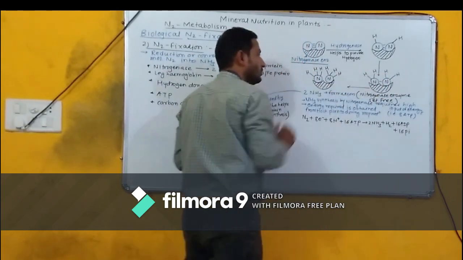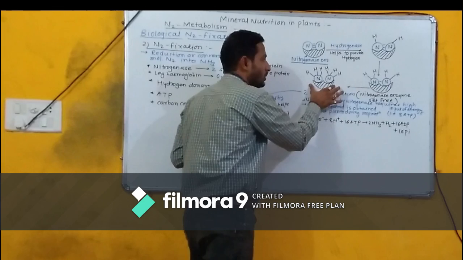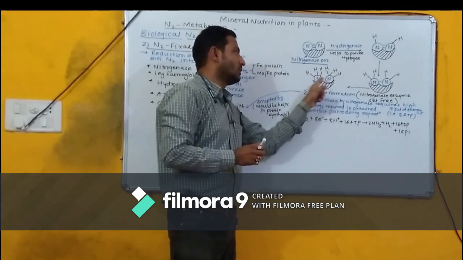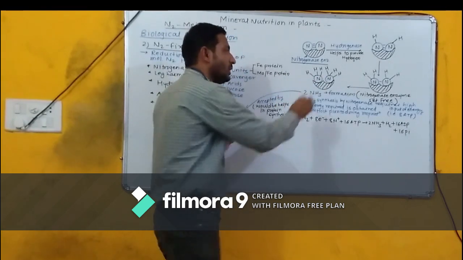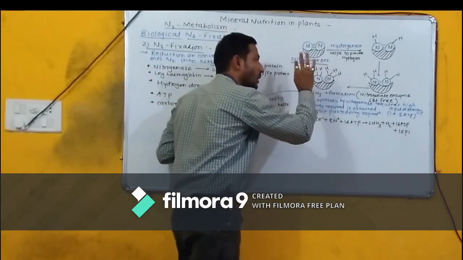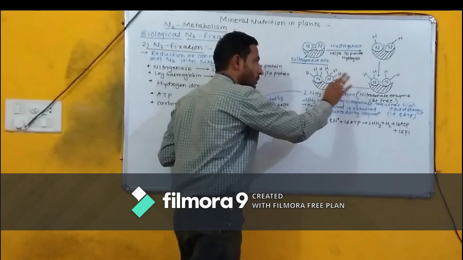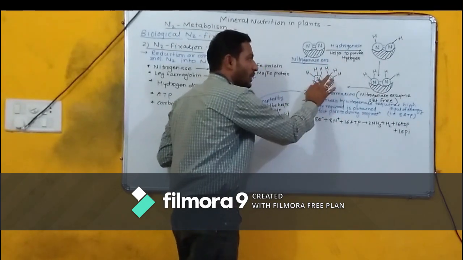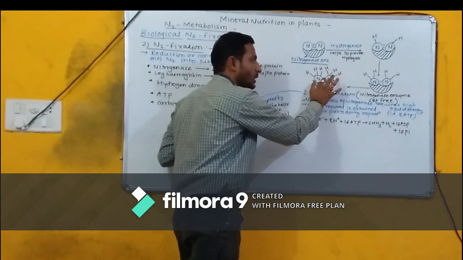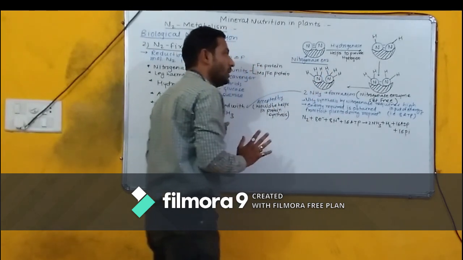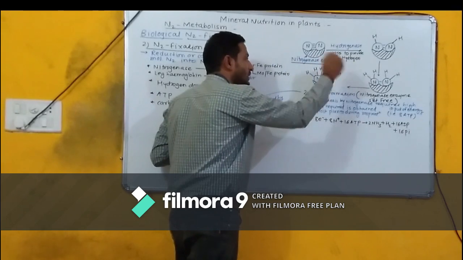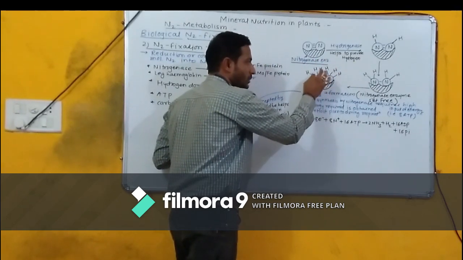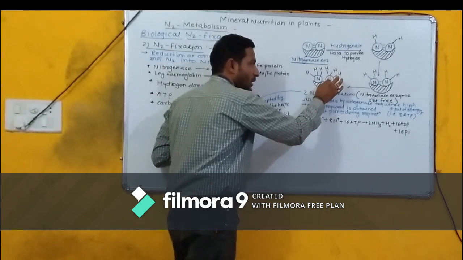Further, this is the structure of the nitrogenase enzyme as I told you. These are the nitrogen atoms, and there is no bond remaining between the two nitrogen atoms. Now again one hydrogen is added here, and the structure is NH3.